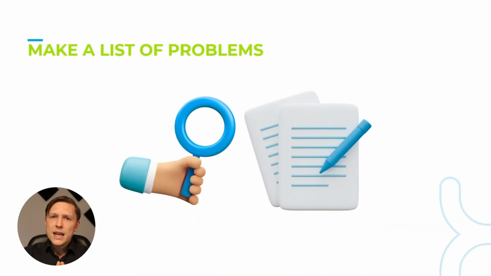So this already solves a problem. Every product or service solves a problem for your customers. What you want to do is, for your lead magnet, you make a list of problems that could occur before they need your main solution.